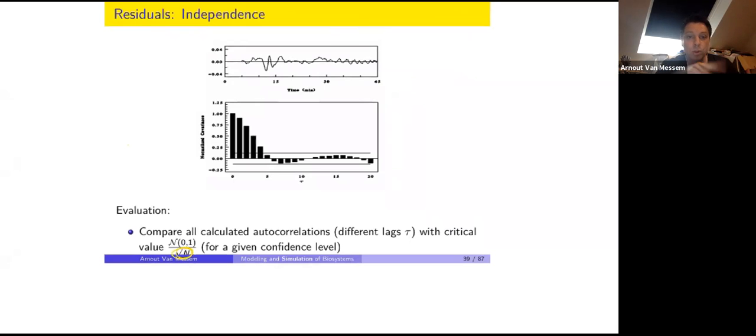So it is a normal distribution over root n. And so basically what you are doing is just checking that each of these values separately is a plausible value, yes or no.